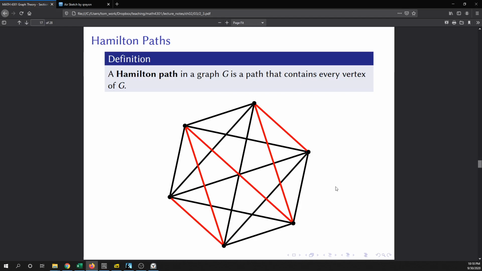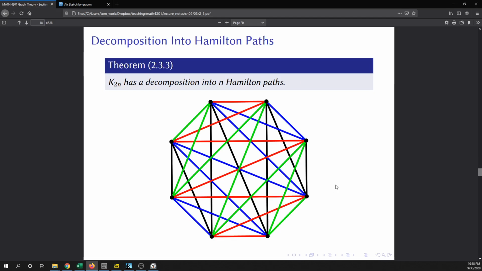Okay. All right. So the first theorem that we're going to talk about, not really prove, but just go through the ideas of it, is that the complete graph on an even number of vertices has a decomposition into n Hamilton paths, where n is exactly half the order, half the number of vertices.